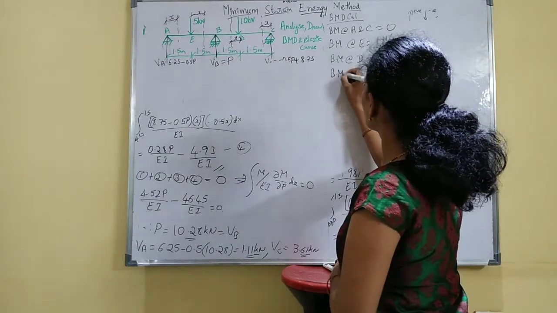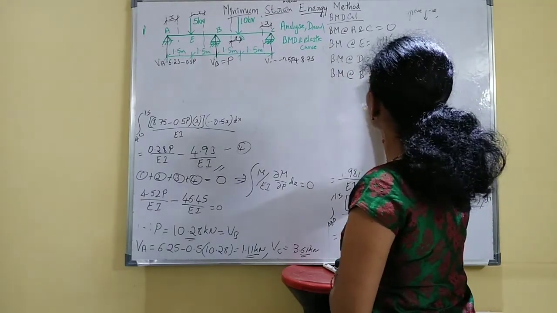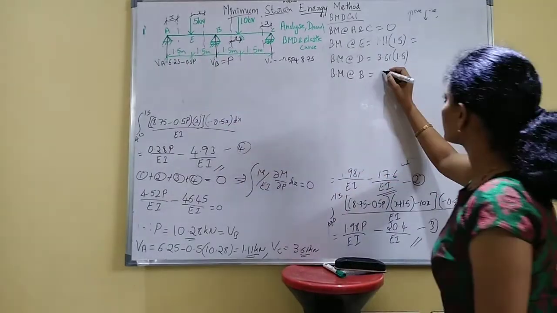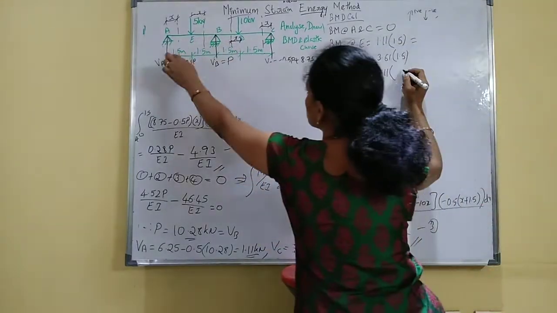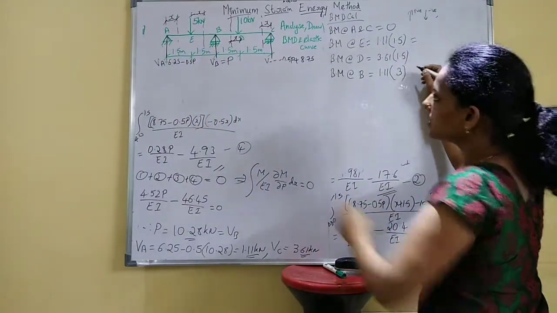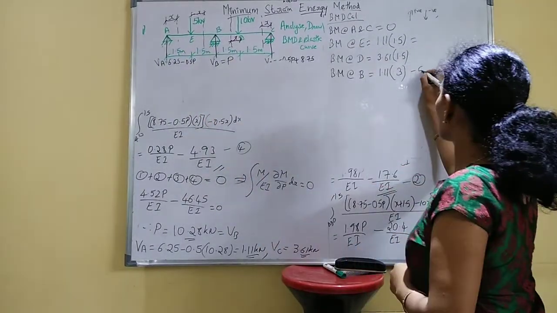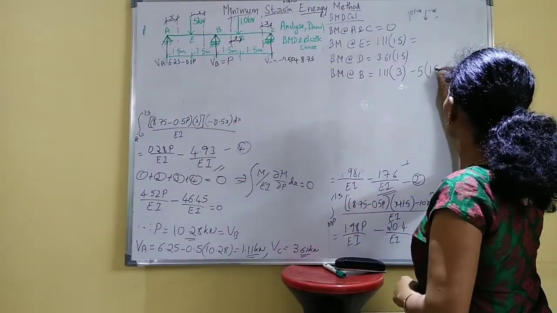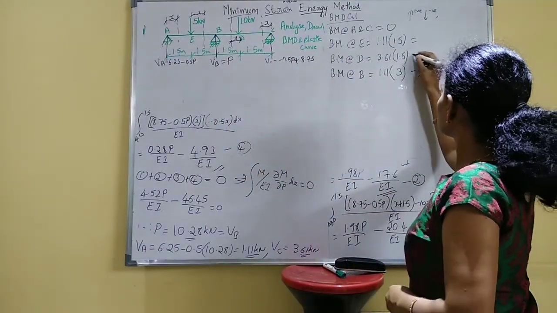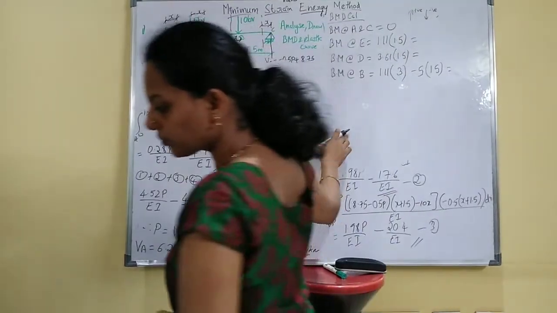Finally bending moment at B. At this point you can take any end. So 1.11 into up to B. So 1.5, 1.5, that is 3. Then this, that is downward. So minus 5 into distance 1.5. Just calculate and get the value.